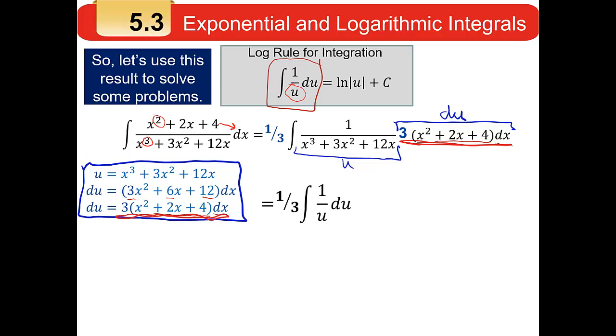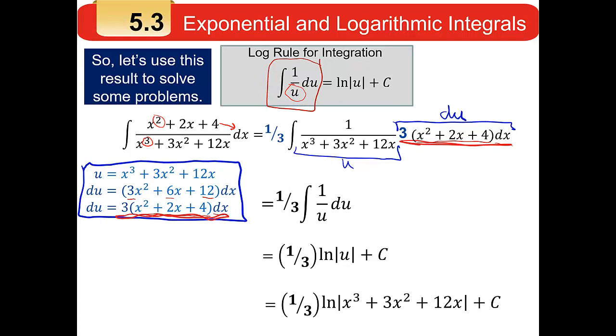So when you substitute, that whole nasty looking problem comes down to the form of 1/3 times the integral of 1 over u du. Well, that fits the formula exactly. So that answer will be 1/3 times the natural log of the absolute value of u plus c, and as always, the last step is to take the u out and put back in what it was equal to.